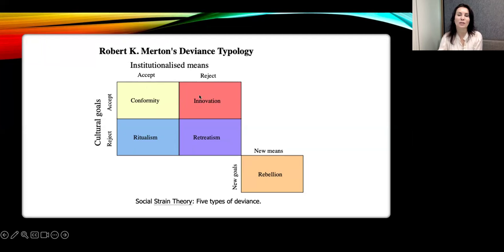For example, innovation accepts cultural goals, so they would like to also pursue that cultural goals of having a successful business, successful education and work, and getting that wealth, like house or cars or whatever you call them, and accepts these goals, however, rejects institutional means.